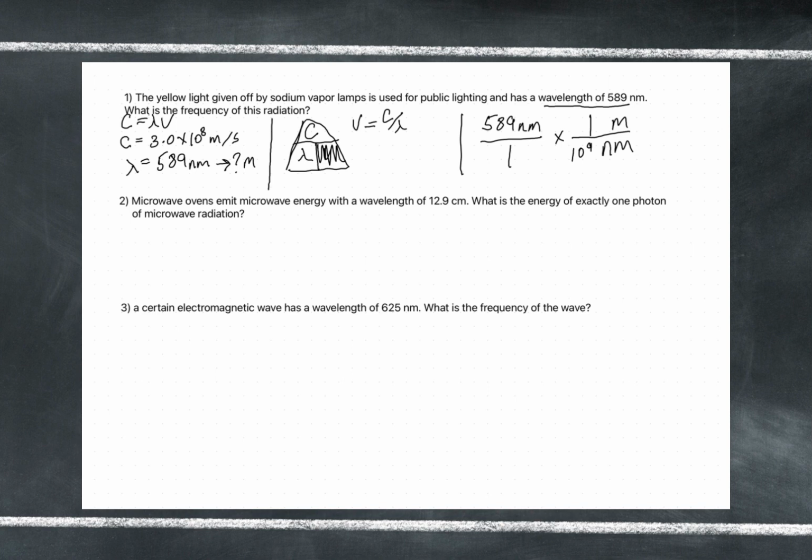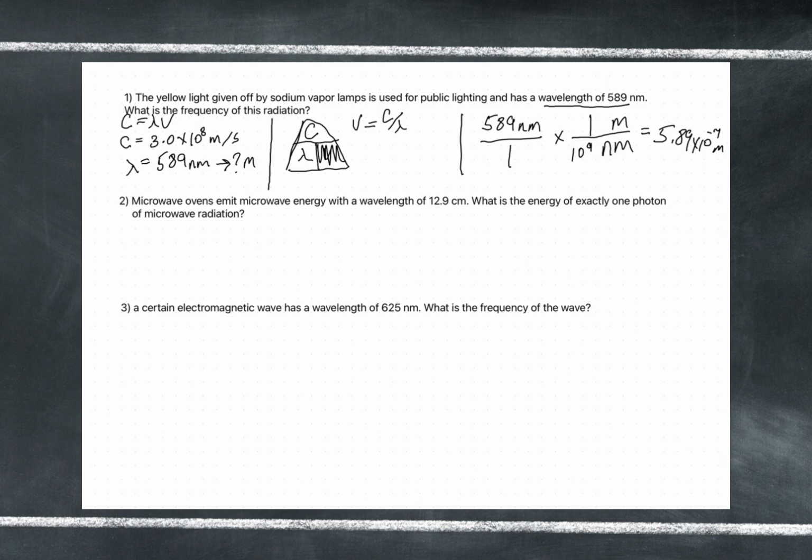Once I multiply all that out, I multiply my tops, multiply my bottoms, and then I divide my top by my bottom, I get 5.89 times 10 to the negative 7th meters. So now I have my wavelength.